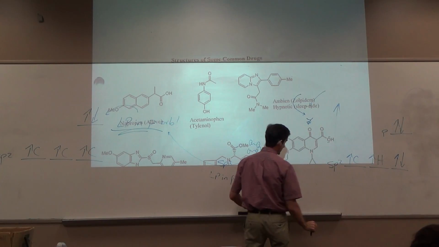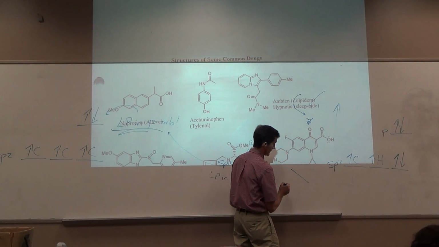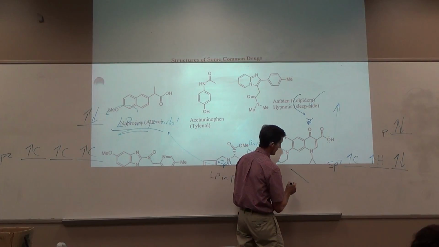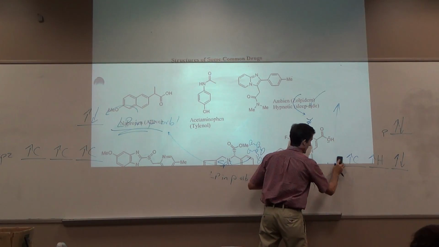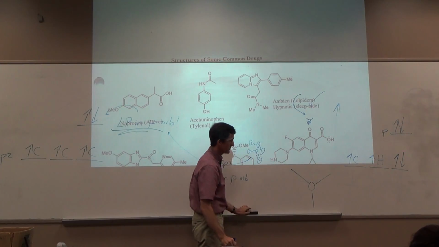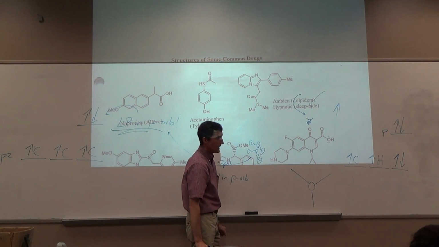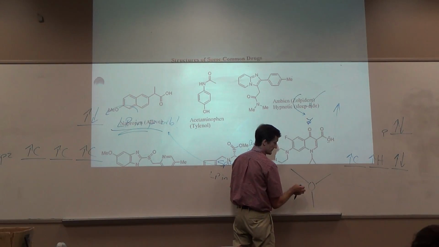So if you drew the orbitals of that oxygen, there's trigonal planar. That's supposed to be the 3 hybrids. Okay?